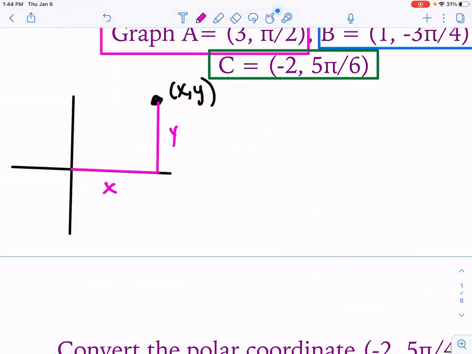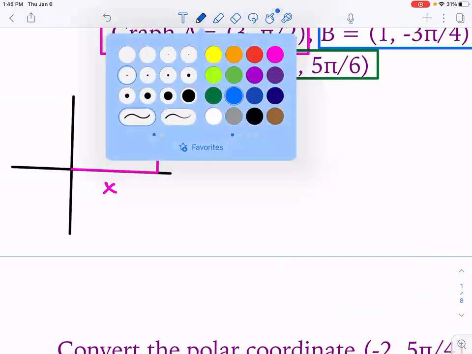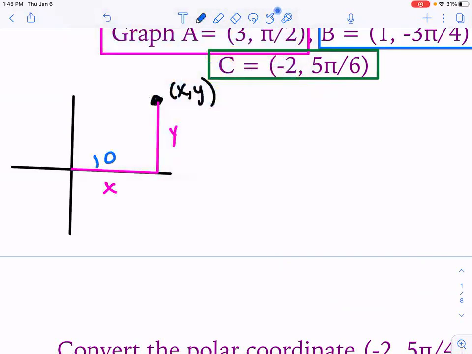Well, I'm going polar coordinates. We are going to rotate theta and move out r. Give me a relationship that you see in this triangle. X squared plus y squared equals r squared. Awesome. Give me another one.